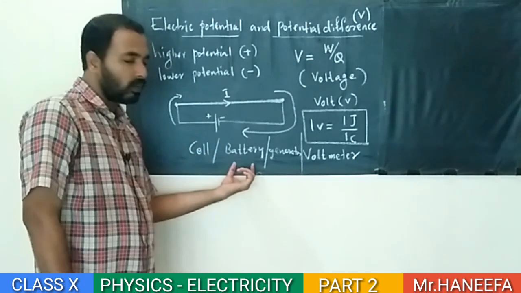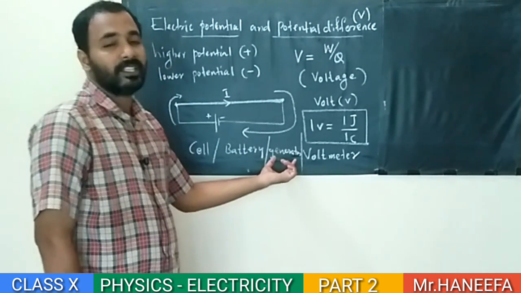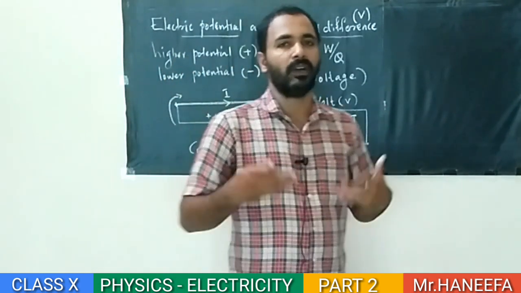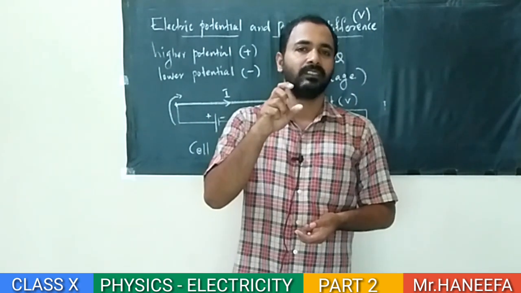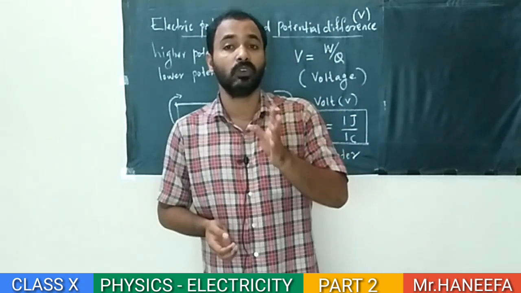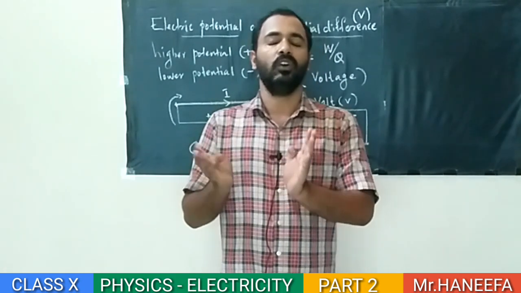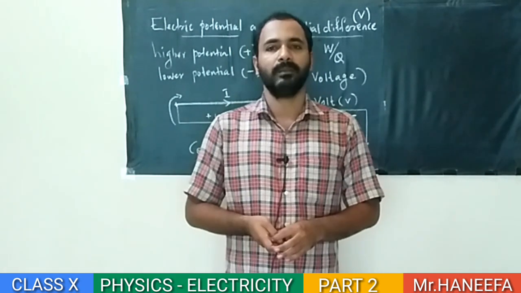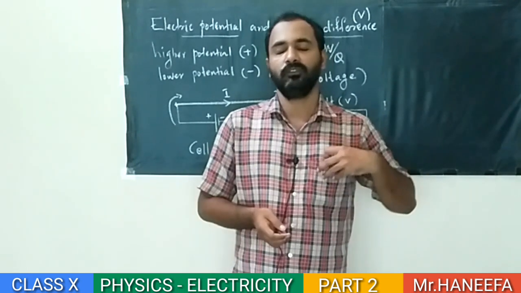Combination of cells is called battery. If potential difference is connected to the ends of a conductor, electric current flows from positive to negative, or higher potential to lower potential. This is about electric potential and potential difference.